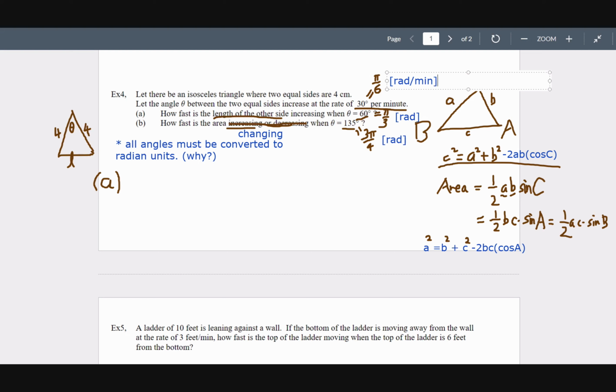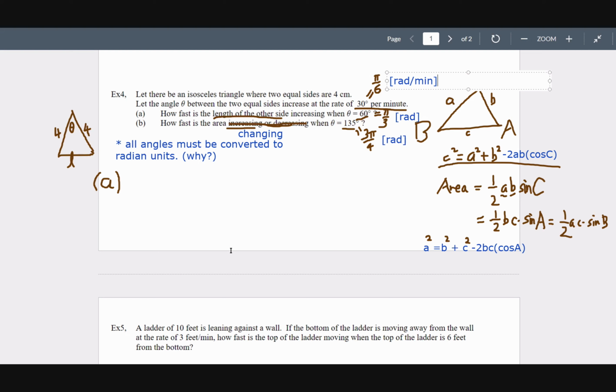So first, let's set up the equation. That's the diagram right there. The given information is that the 4 is fixed. The angle in the middle is increasing at a given rate per minute, and we want to know how L is changing. So for part A, we need a relation between theta and L. Any relation between theta and L will do.